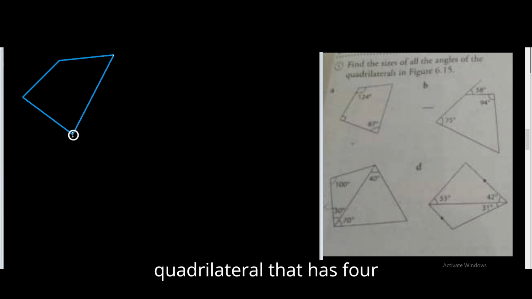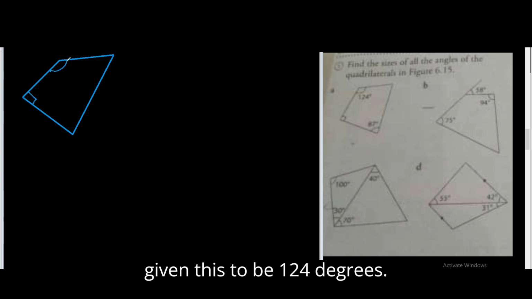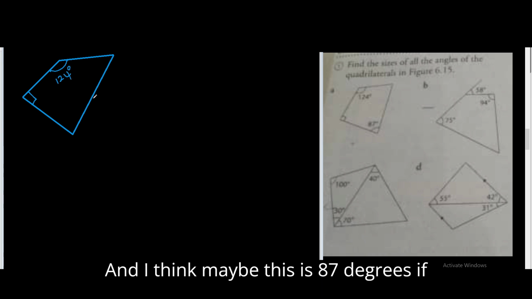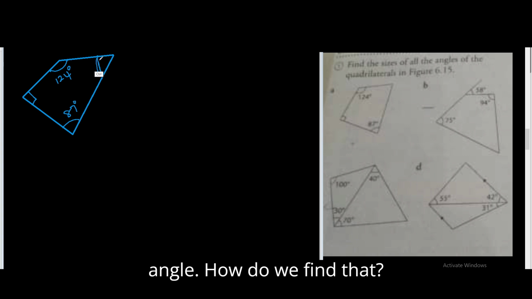So this is a quadrilateral. It has four sides. We've been given this to be 90 degrees, then 124 degrees, and I think this is 87 degrees if I'm right.